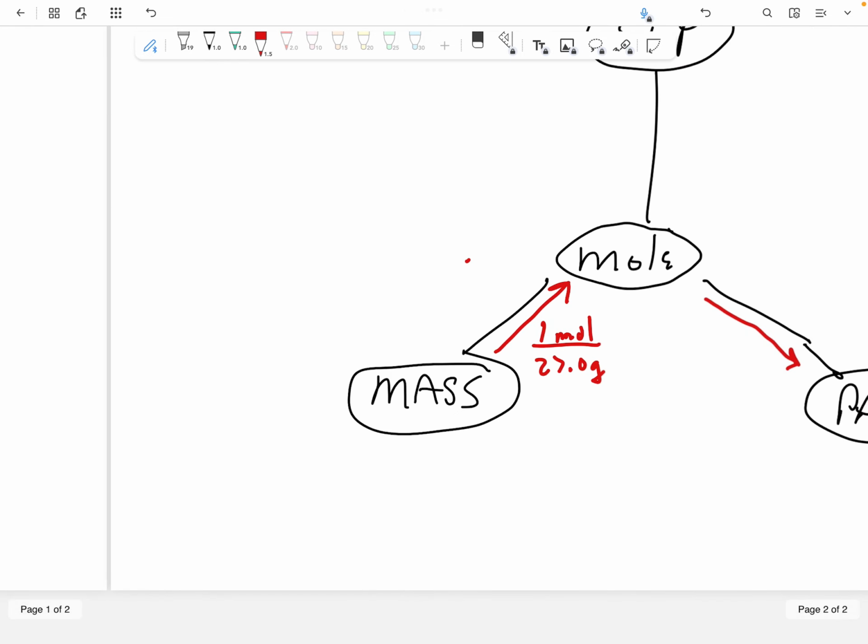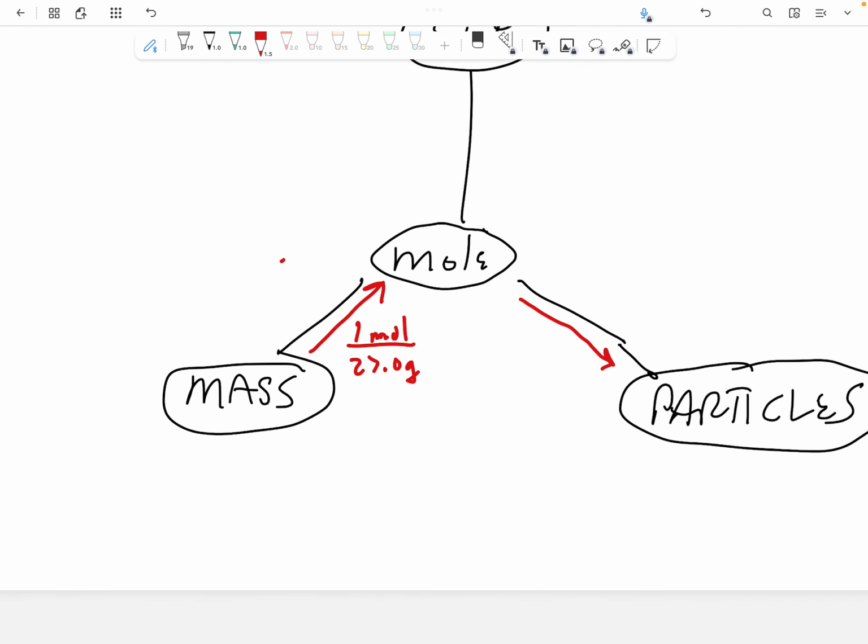Okay. And then the second thing we got to do is we're going to multiply Avogadro's number, 6.02 times 10 to the 23rd. That's going to be over 1 mole, okay? So those two conversions have to go into our problem.